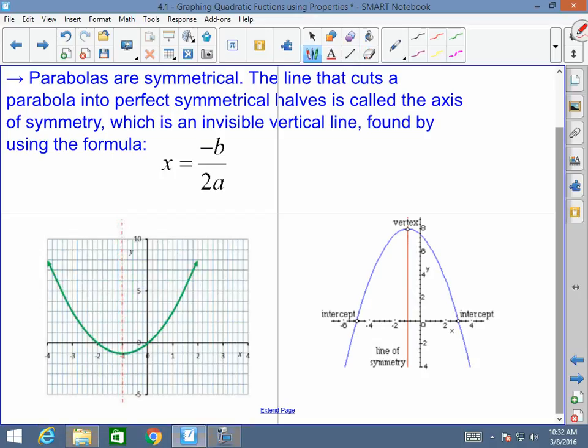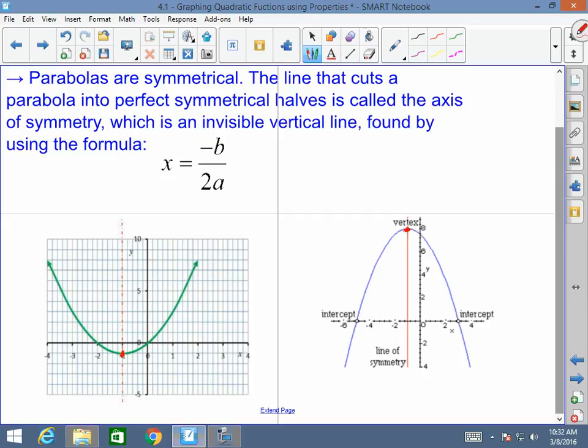And over here, this is my axis of symmetry as well here in red. Notice that the axis of symmetry goes through this point here that's called the vertex. The vertex is very important. The vertex is here on the graph that's green, that's going upwards, and here on the graph that's blue, it's going downwards.